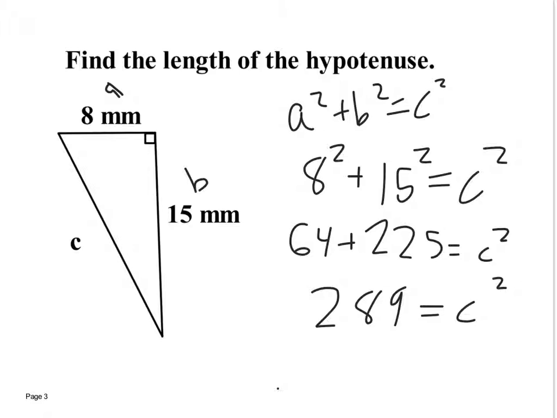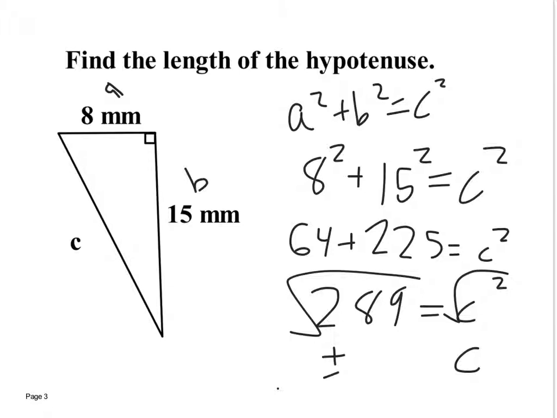So, do I know how to solve from here? Have we worked these kind of problems before? Yes, we worked them the other day. 289 equals C squared. So how would I get C out of C squared? I put a square root symbol around it. Now, we've talked about this: when you're solving for a variable and you square root the other side, you would get plus or minus the square root of 289.